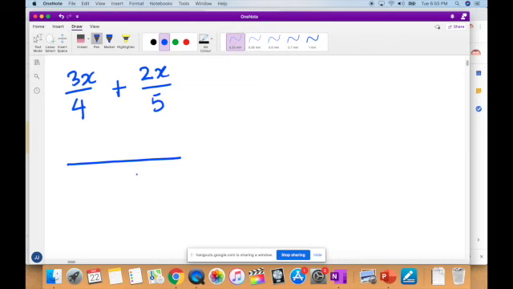You'll always end up with the same answers at the end. So 5 4s are 20, but I'm not going to write 20. I'm just going to write 4 times 5. You'll see why after. So I'm multiplying my denominators to get the common denominator. What do I do now?